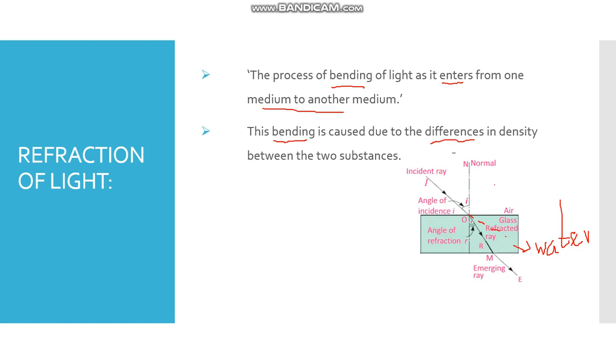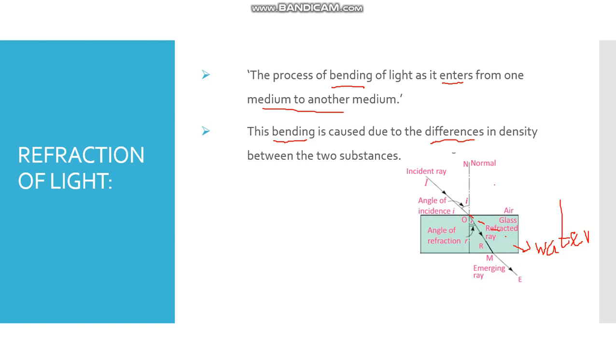You can see the direction of the light changes. So this change in the direction of the light, or the bending of light, is actually called the refraction of light. So in refraction of light, the light rays bend while entering from one medium to another medium.